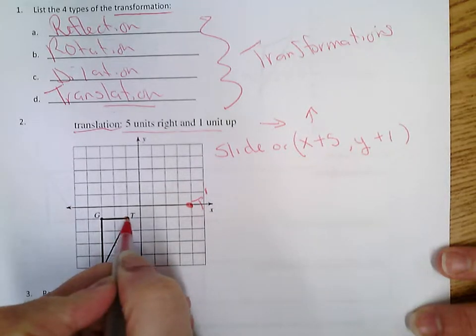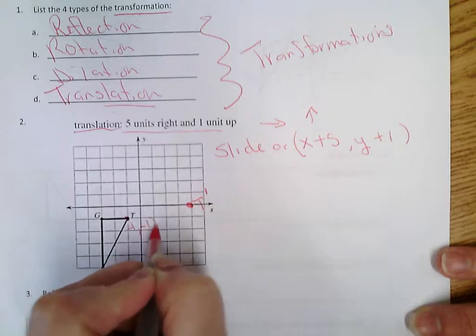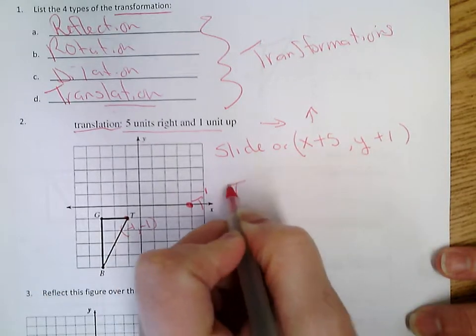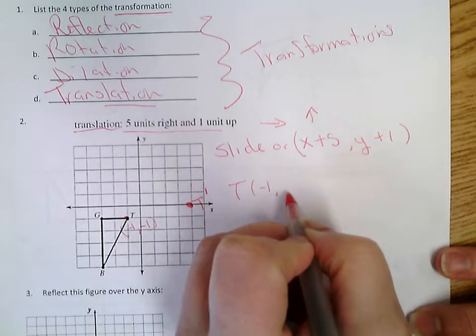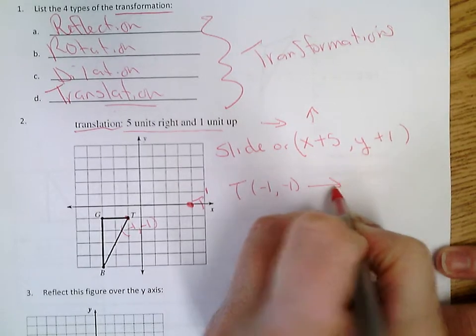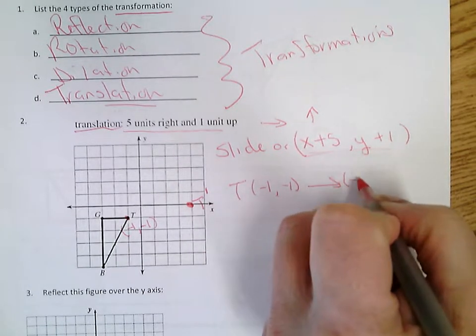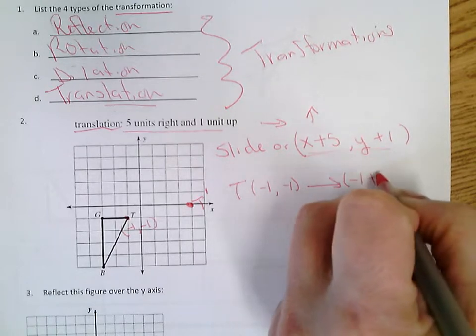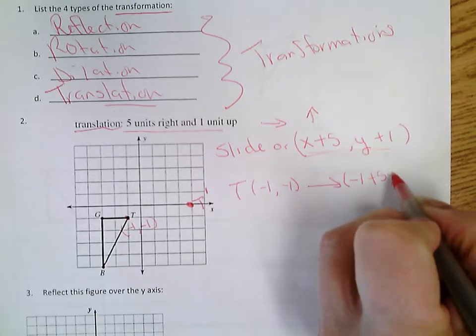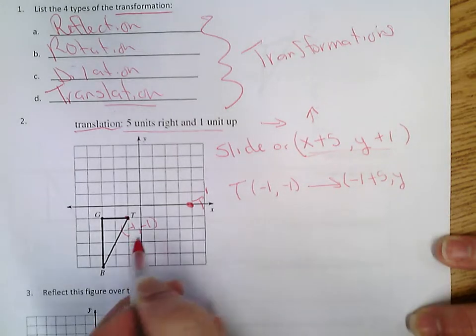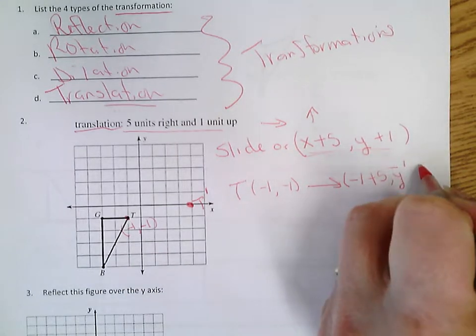If you take a look at T right here, it is (-1, -1). We're going to transform that. We're going to use these rules right here. So our new point is -1 plus 5, and y, which is our -1, plus 1.